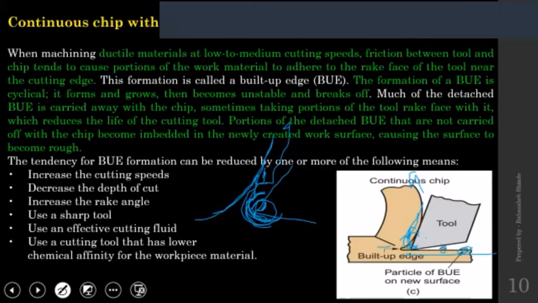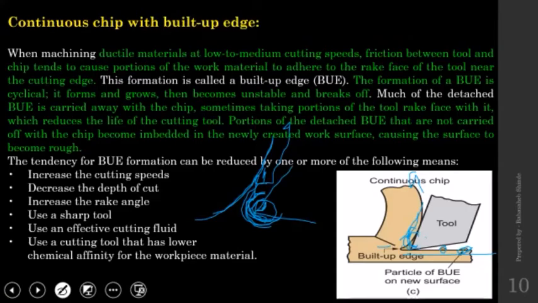And if something is getting deposited on the freshly cut workpiece surface, that is going to have an adverse effect on the finish, right? So that is also not desirable. So that is the continuous with built-up edge chip and its limitations.